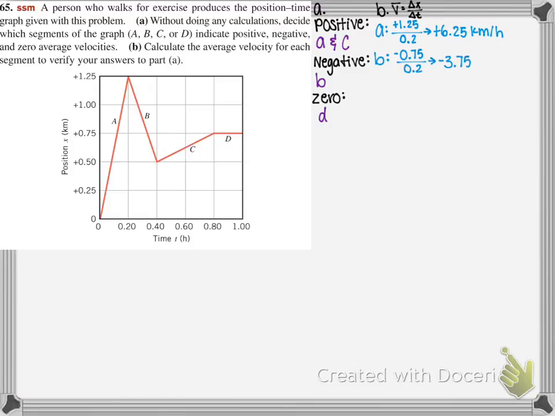B is negative 0.75 over 0.2, which gives you negative 3.75 kilometers per hour. C is a positive 0.25 over 0.4, which gives you positive 0.625 kilometers per hour. And D is 0 over 0.2, which gives you 0 kilometers per hour because it's constant. It's just moving over a period of time, but not changing its distance.